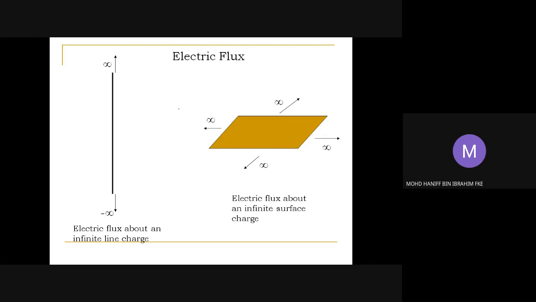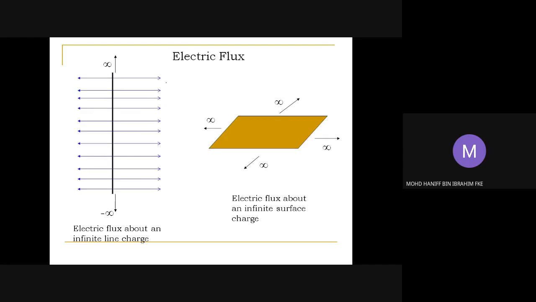For the infinite line charge, the E field is equal to rho L over 2 pi epsilon R, in the direction of R. Due to the radial direction of the E field, the flux line will follow this E field, which is in the radial direction.